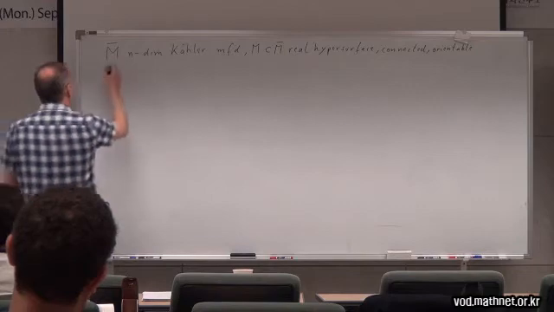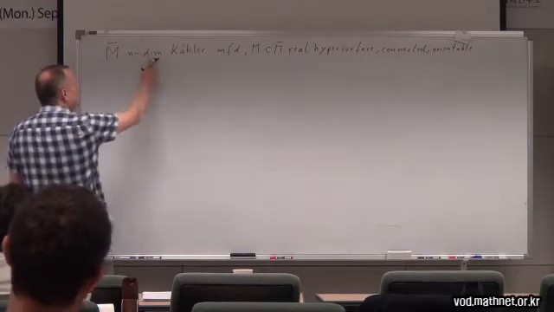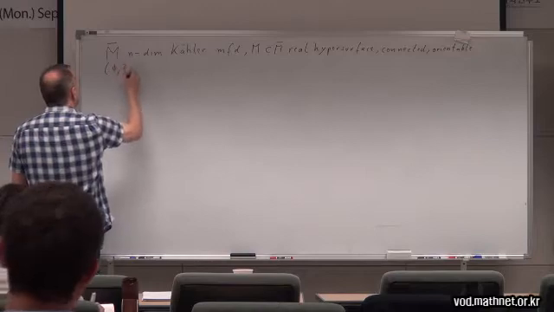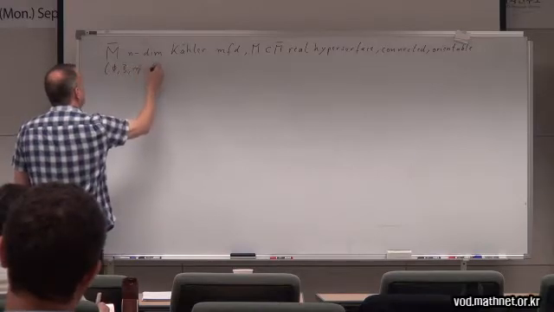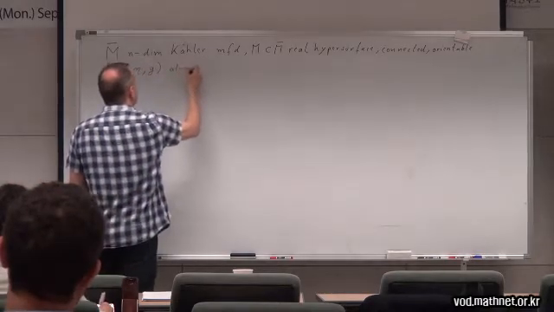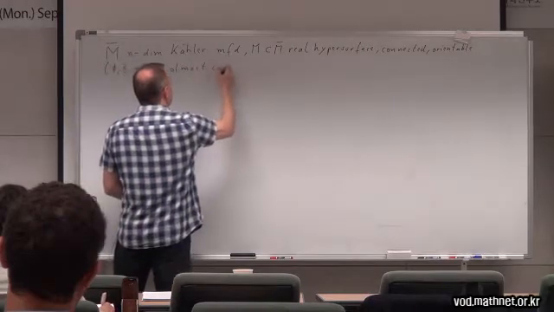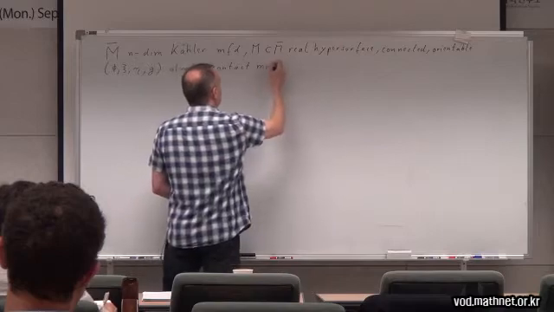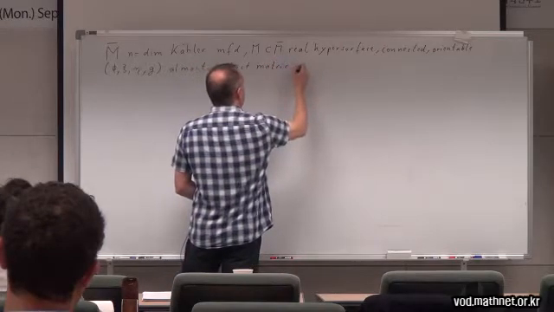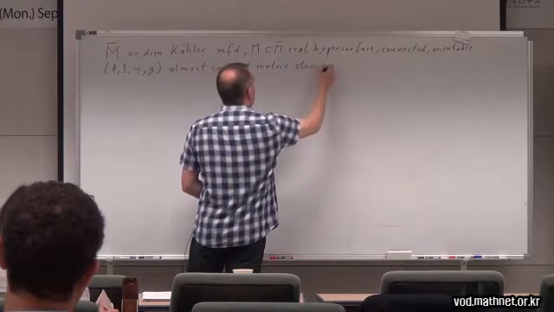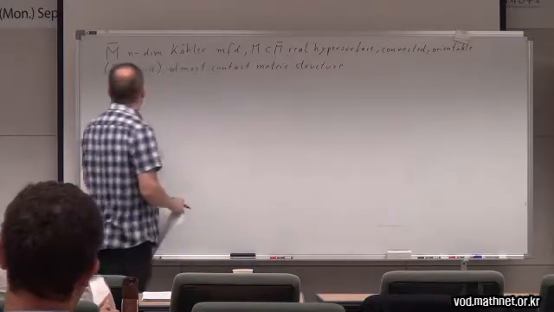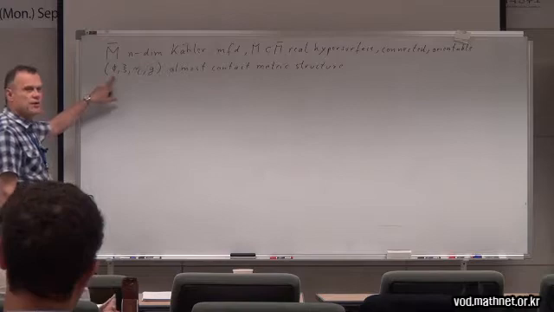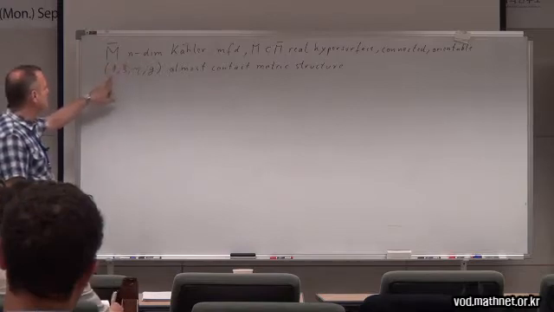And then the Kaehler structure induces on the hypersurface the so-called almost contact metric structure. So phi is basically the tangential part of J, the complex structure on the Kaehler manifold.